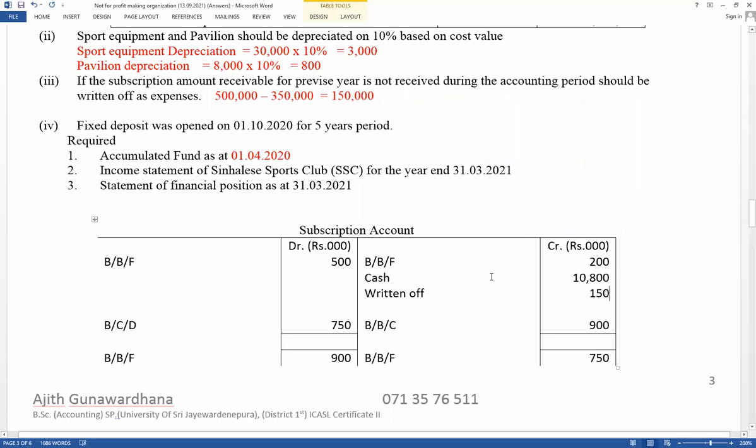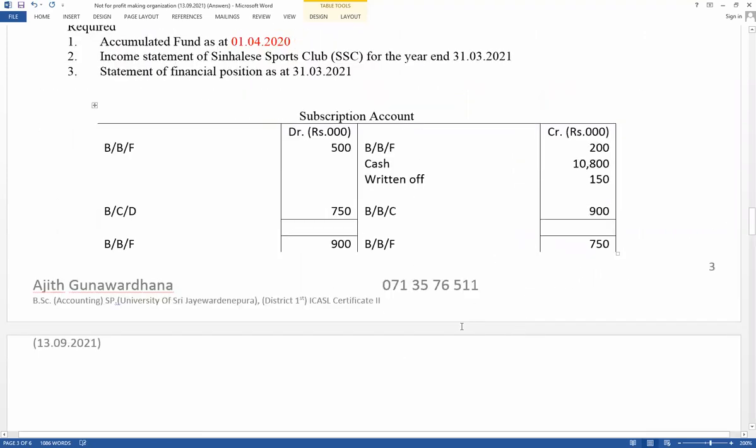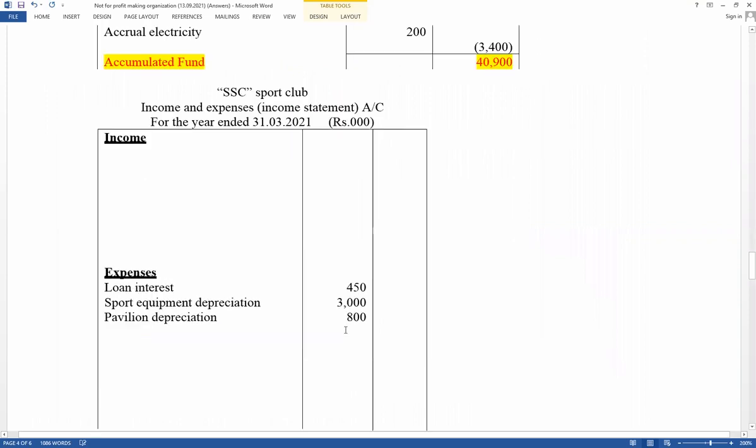At the same time, record in the income statement an expense as subscription written off, value 150. Description: subscription written off, 150, as an expense.